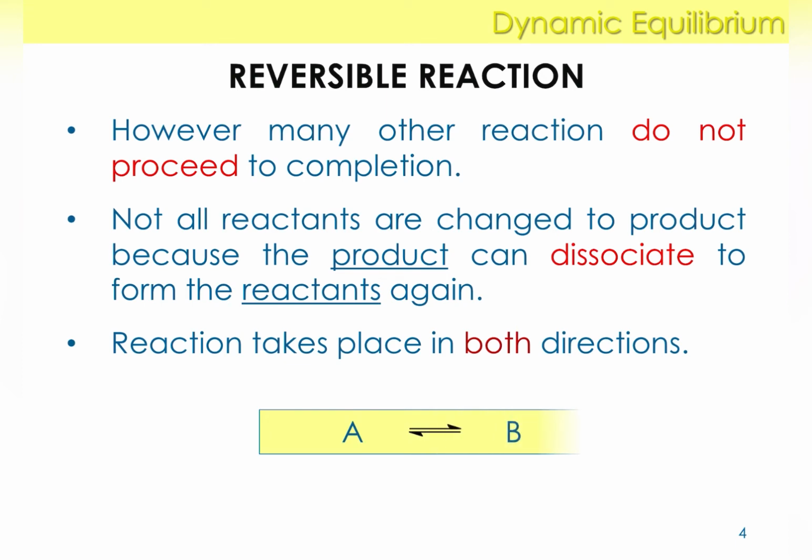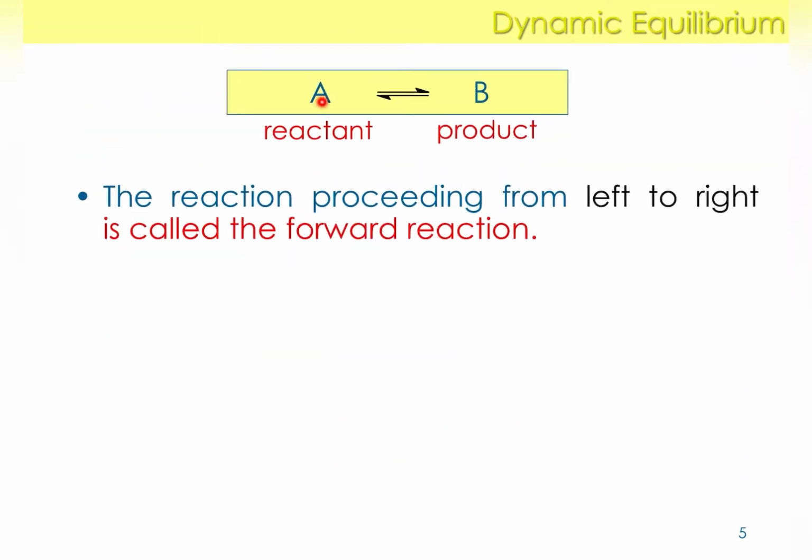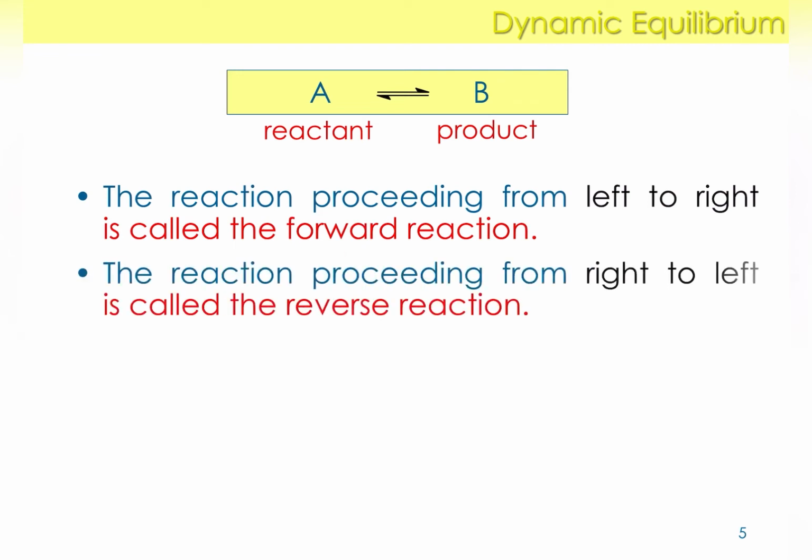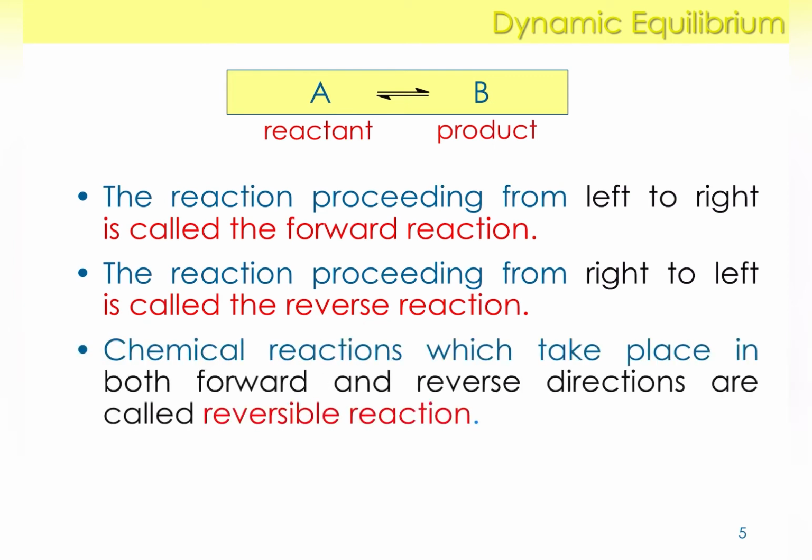For example, I have reactant A reversible with product B. So what will happen from reactant A to produce product B, we call it the forward reaction. For the second part, product B can dissociate to form reactant A back, and this is what we call the reverse reaction. When a chemical reaction takes place in both forward and reverse reaction, we call it a reversible reaction.